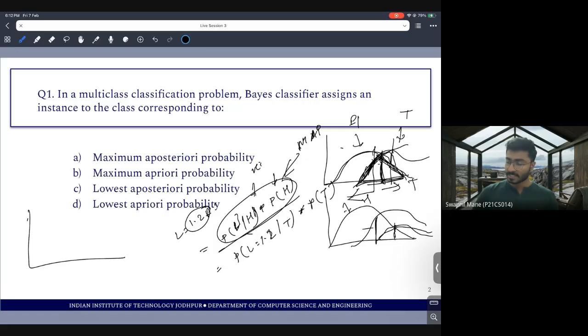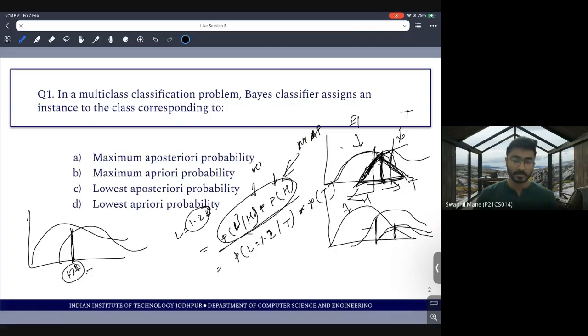But considering the MAP, the maximum a posteriori probability, how do we assign the class to a particular length of fish? Suppose there are these two distributions, and we want 1.2 feet here.